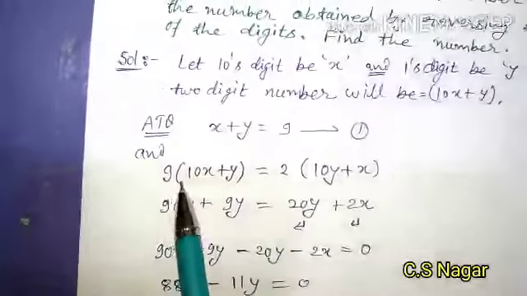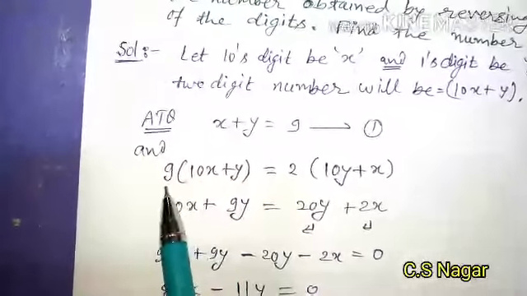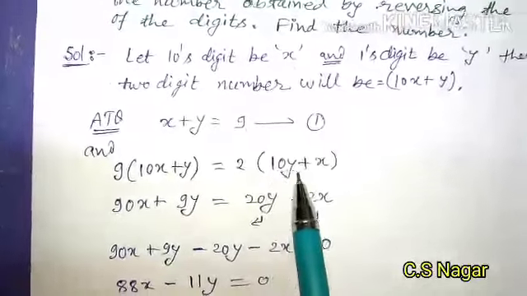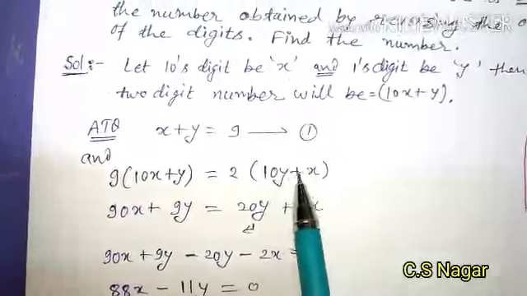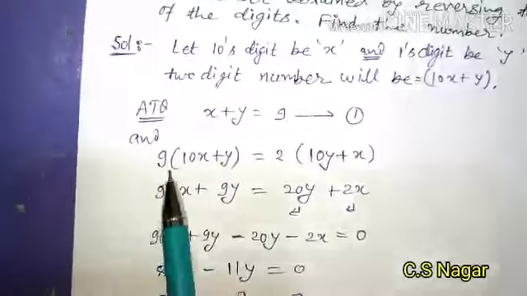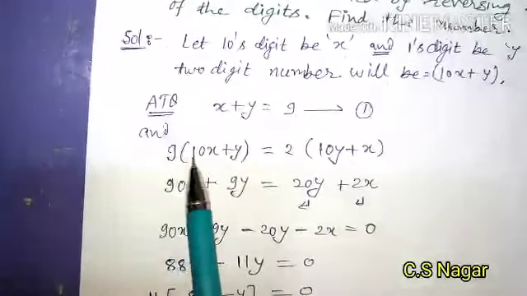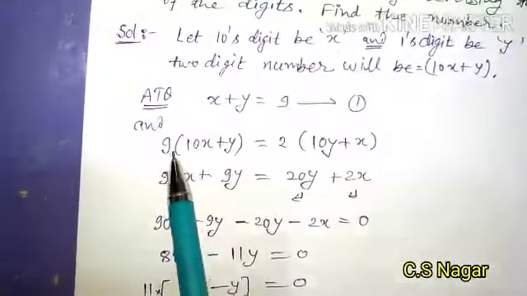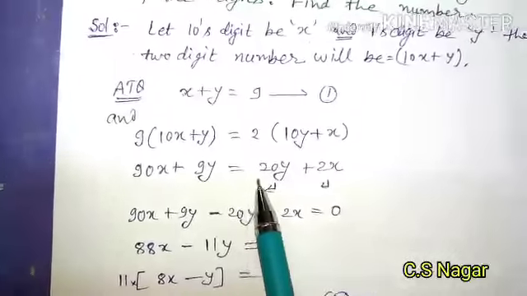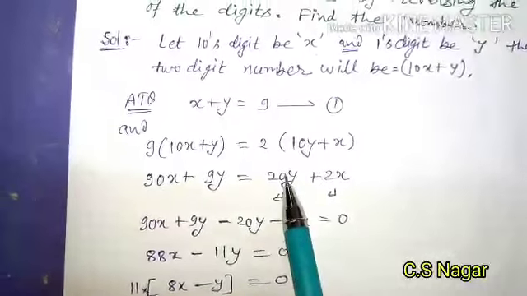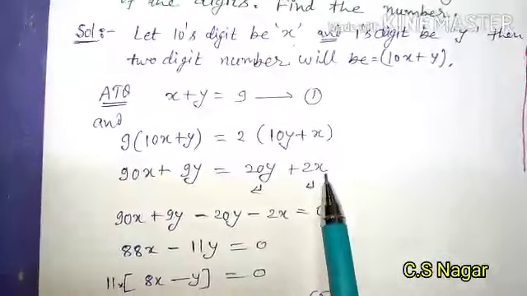So 9 times this number is equal to twice the number obtained by reversing the order of its digits. Okay, open the bracket. So 9 into 10 is 90x, plus 9y. Then on the right side, 2 into 10y means 20y, and this is 2x.